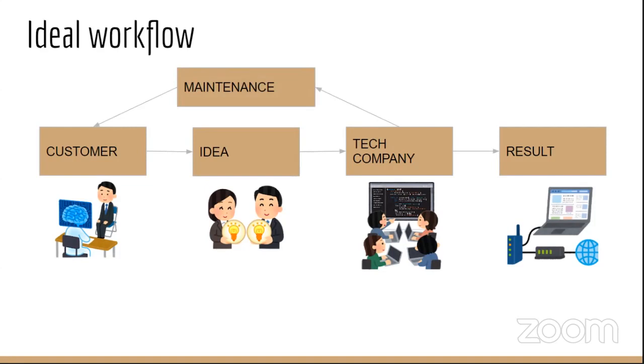So we have complete collaboration between a customer and a tech company, and that is maintenance. Through maintenance, the customer gives an idea, the tech company takes that idea and processes the result, and so on. The maintenance is also held up by the tech company which provides the service. That's an ideal basic workflow of how a software development lifecycle works.